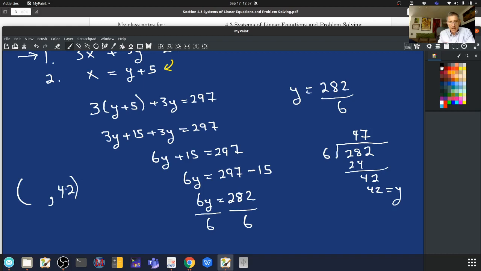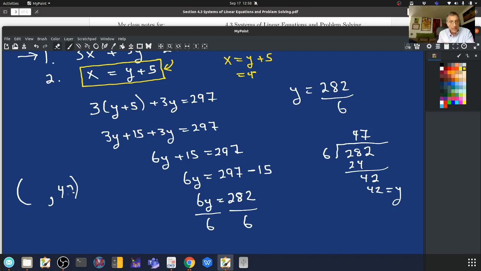So now that I've got my y value, let's get our x value. And literally, you could use any equation you want, but to use anything other than this would be silly, because x is equal to y plus 5, but y is equal to 42. It is 47, sorry. I'm saying 42. I don't know why I'm saying 42.